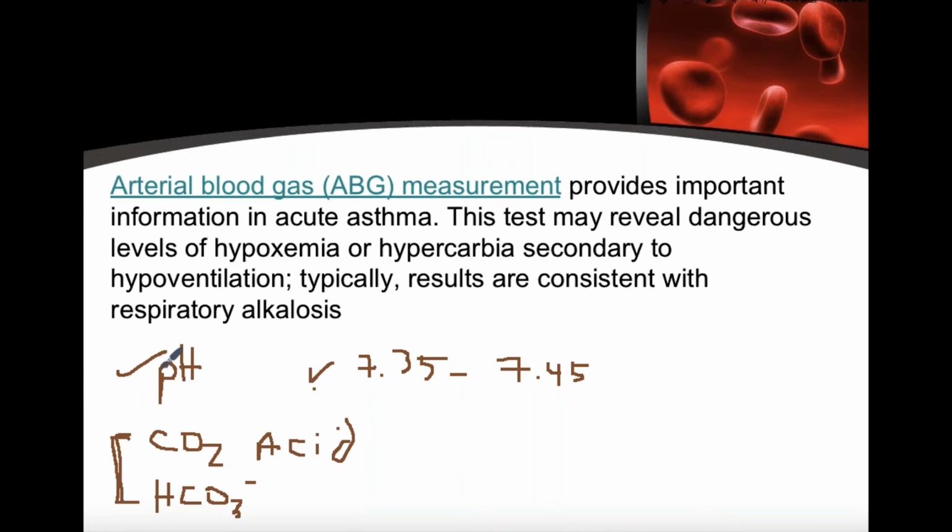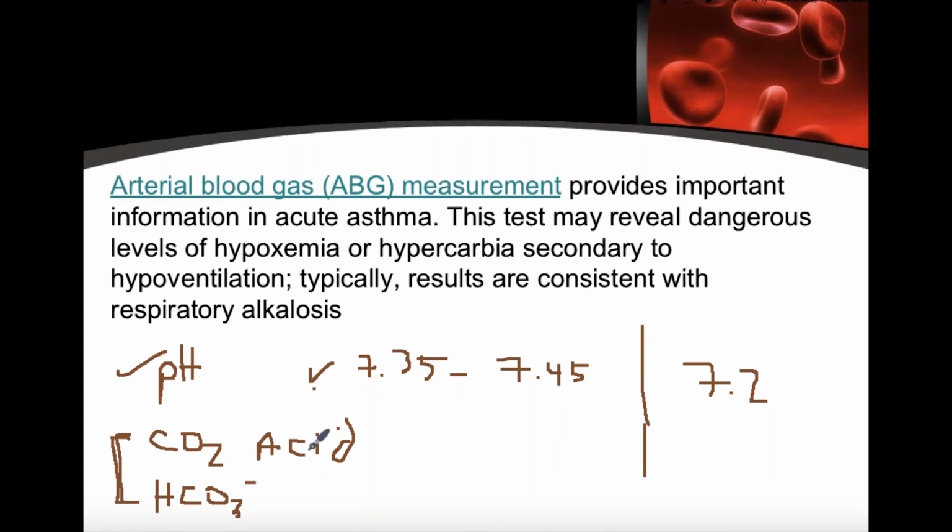So let's just say I looked at my pH and it was low, call it 7.2. I say to myself, my pH is abnormal in the direction of acidosis.